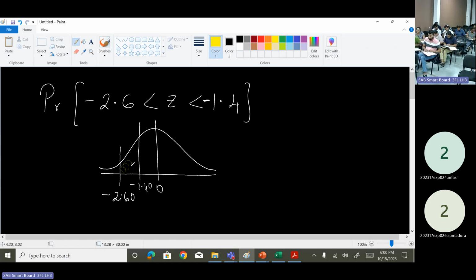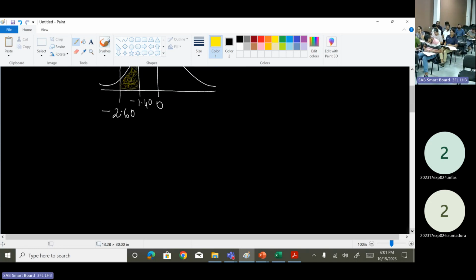So it is on the negative side, but we assume that this is on the other side and you refer. 2.6 you refer, 1.4 you refer, subtract. Then done, the 10. Right.